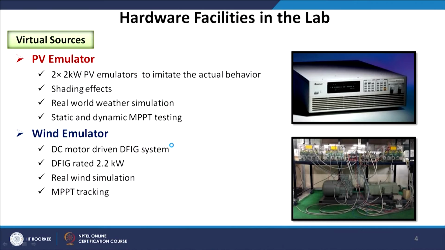Now, we have a wind emulator which can mimic wind renewables, and it is based on a DFIG rated 2.2 kilowatt capacity. Real wind simulation is possible, and we can track MPPT. That is good news.